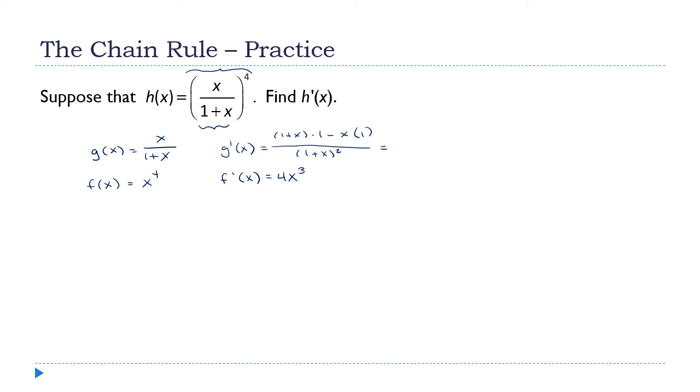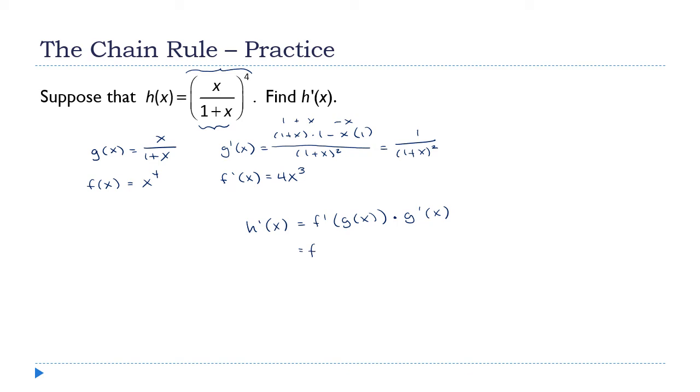All right, so this numerator is 1 plus x minus x, so that's actually just 1. This actually came out pretty nice: 1 over (1 plus x) squared. Okay, awesome. Now I can go to my chain rule. H prime of x is f prime of g of x times g prime of x.